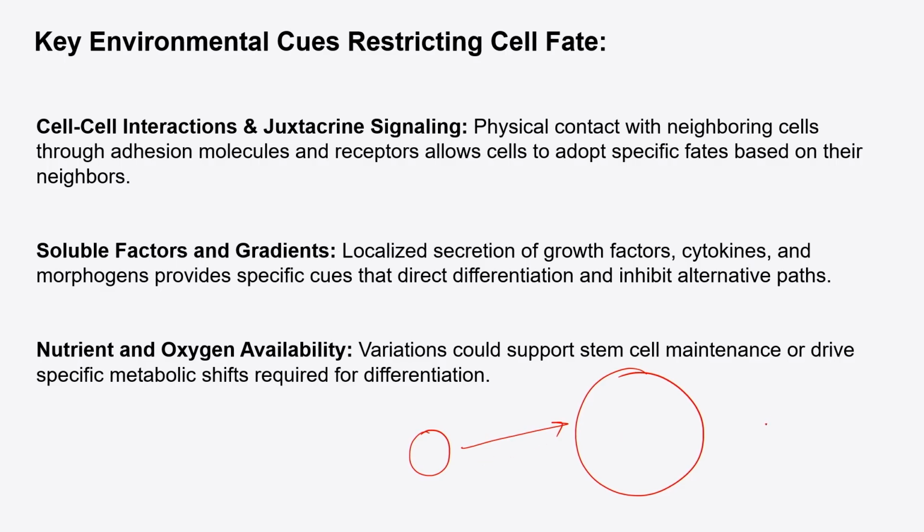We could also see that the cell fate can be decided based on oxygen availability. Say the condition is hypoxia, which is less oxygen, or there is an optimum amount of oxygen, or some other level of oxygen.